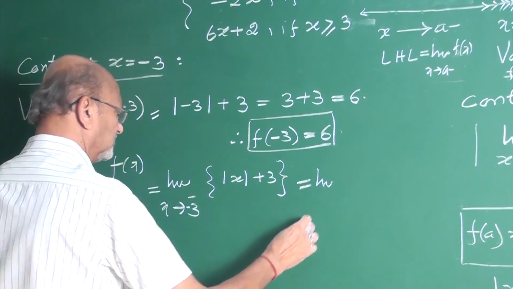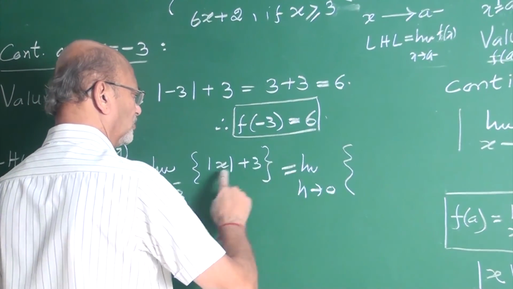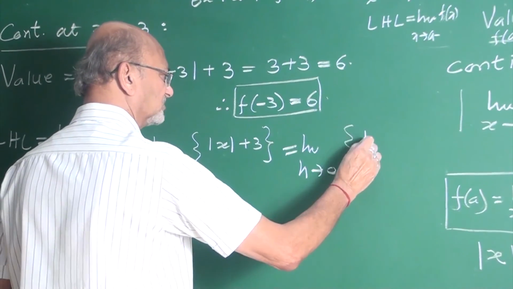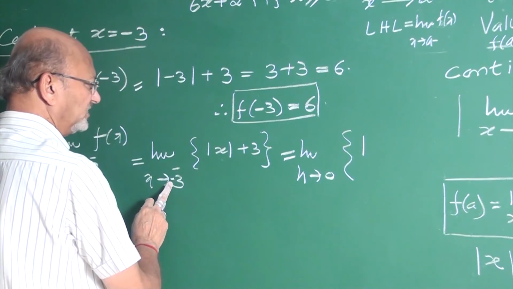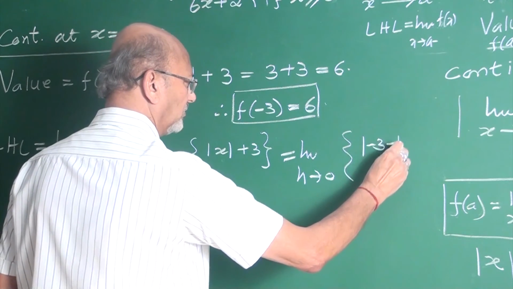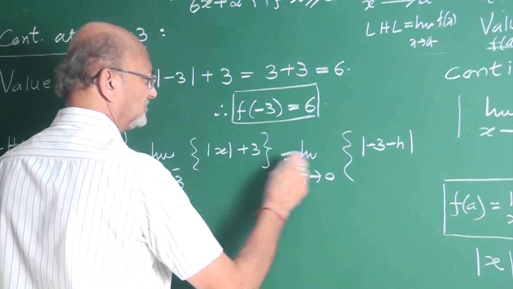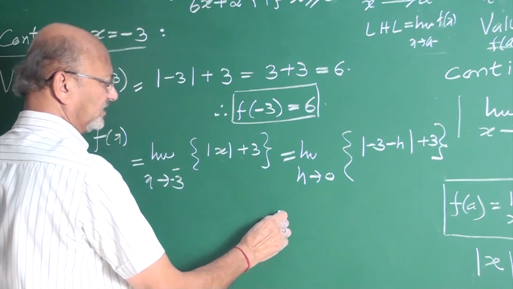It is limit as h tends to 0 of mod of minus 3 minus h plus 3.